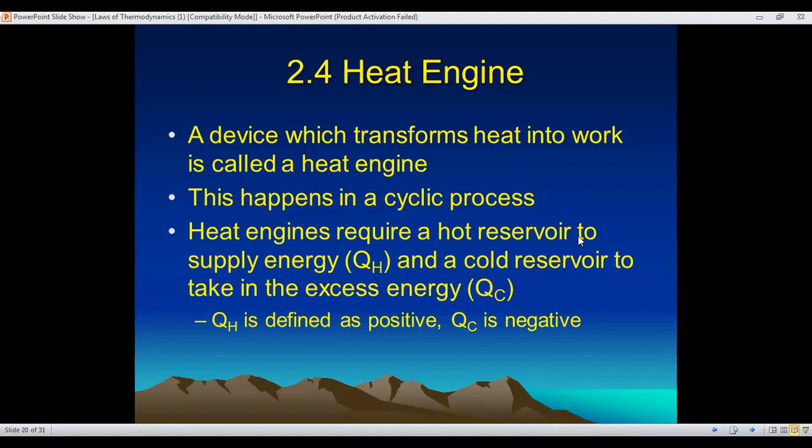A heat engine requires a hot reservoir to supply the energy QH and a cold reservoir to take the excess heat QC. In the heat engine there is a source which releases the heat.